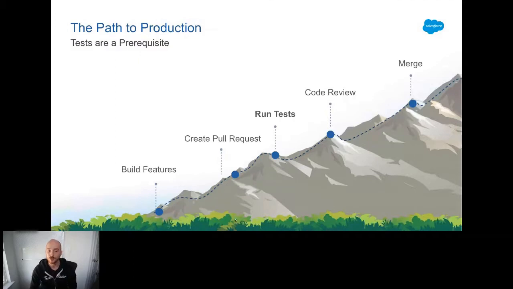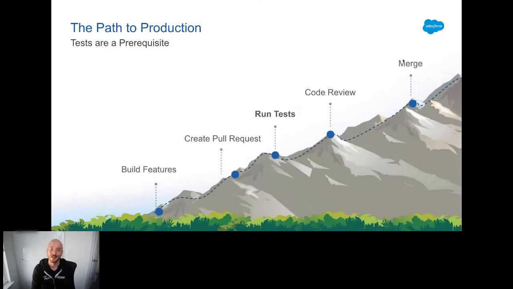So you'll build your features in the sandbox or scratch org that you're working in. Then you'll create a pull request in GitHub, basically. And at the time that the pull request is created, that's when you should be running tests. Tests are a prerequisite; they should happen before the code review happens, and definitely before the merge happens.